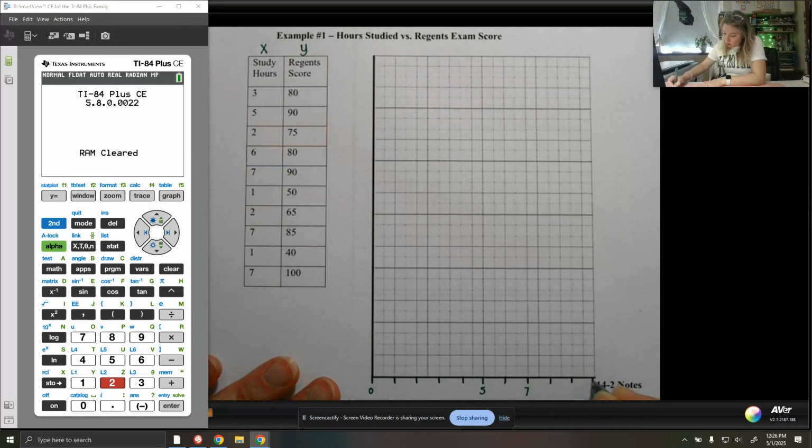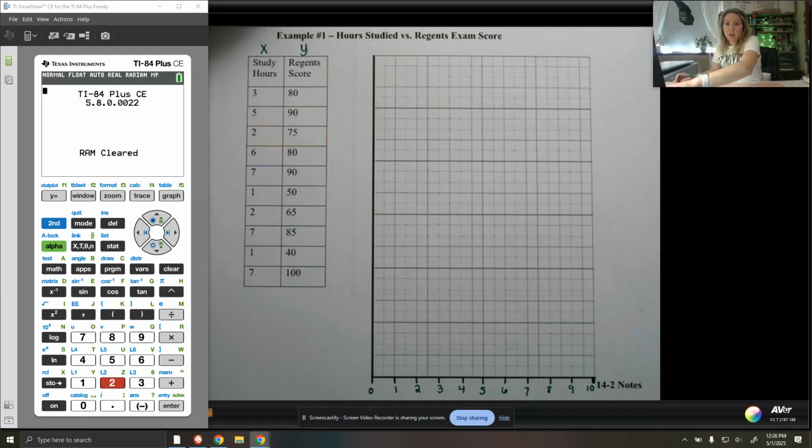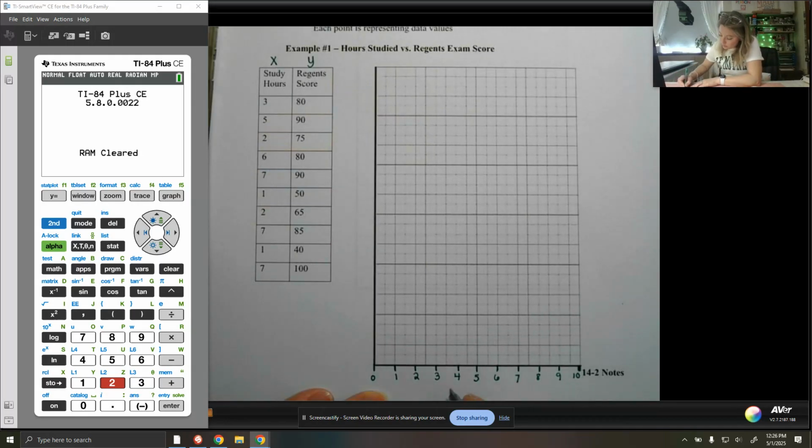But we could get all the way up to 10 if we follow it this way. So now I am labeling each tick that we made on the x-axis. And then what I'm also going to do is label that the x-axis is study time, and then in parentheses, in hours. So we know what was the way that we measured how much study time we had.